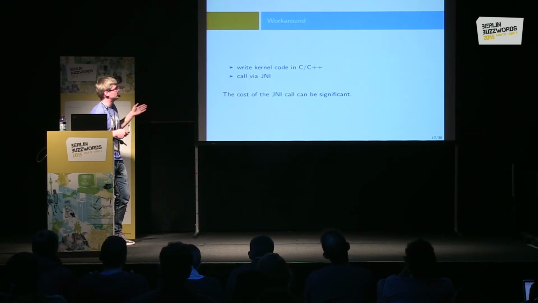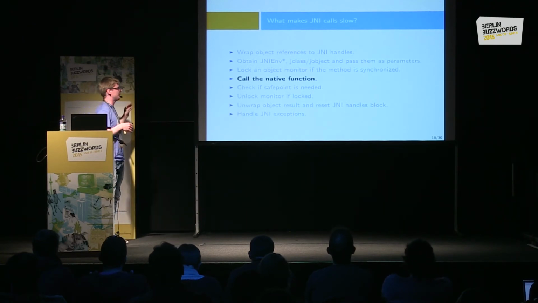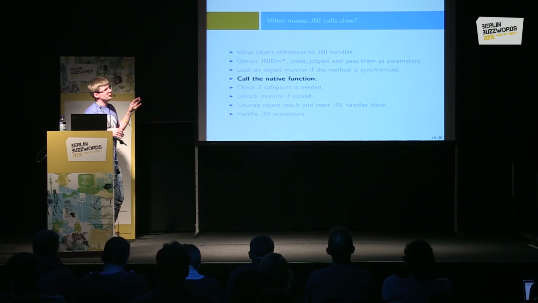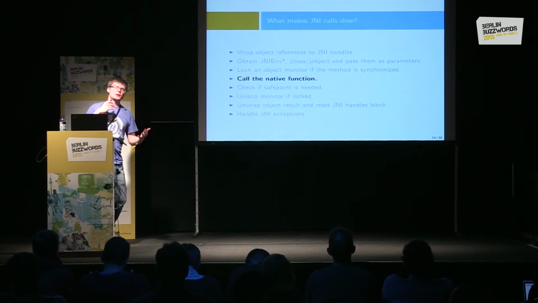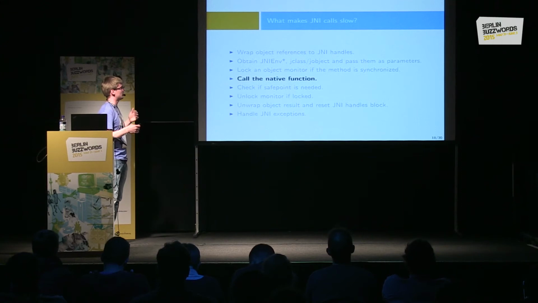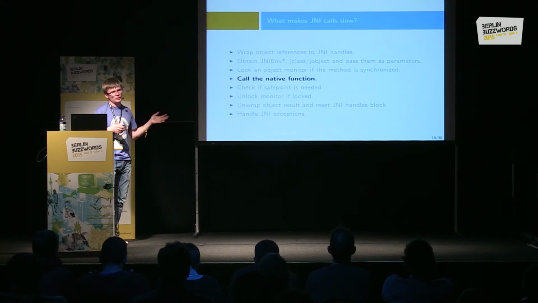What makes a JNI call significant? On every JNI call, the JVM should wrap every object into a wrapper. It should lock monitors, check exceptions, unwrap objects, and convert and return values.